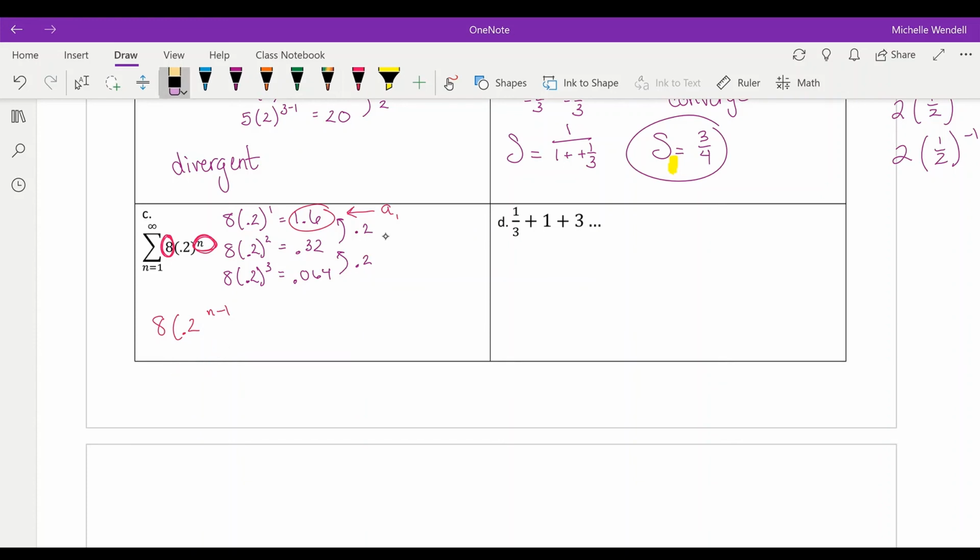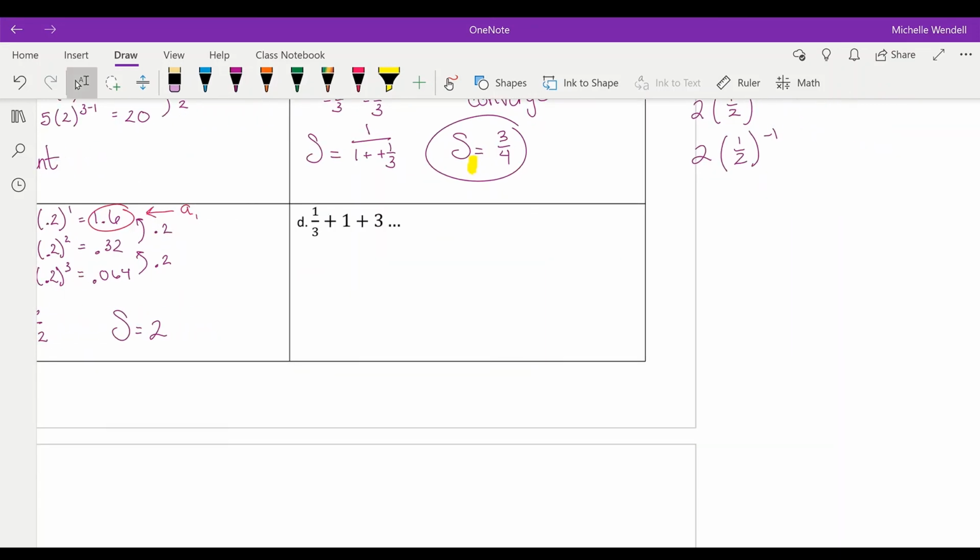But because this example doesn't have that n minus 1, then when I plug it in, I get a different a sub 1 than I thought I would. Alright, so now that you have that info, you can plug it into your formula. 1.6 over 1 minus 0.2. And again, I can use this formula because it is convergent, because the absolute value of the ratio is less than 1. You get a sum of 2.